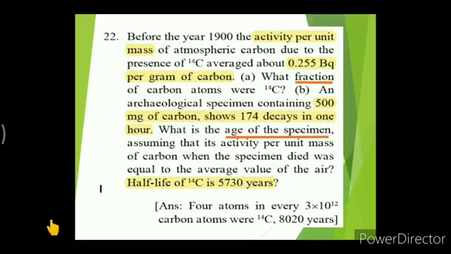A. What fraction of carbon atoms were carbon-14? B. An archaeological specimen containing 500 mg of carbon shows 174 decays in 1 hour. What is the age of the specimen, assuming that its activity per unit mass of carbon when the specimen died was equal to the average value of the air?